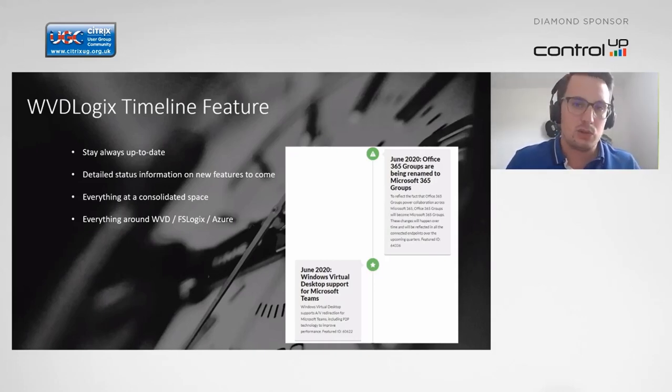I will not exclusively cover WVD. I will also take the information I receive from the partners like Nerdio, for example, and put it in there to give you one consolidated space to retrieve the latest information.